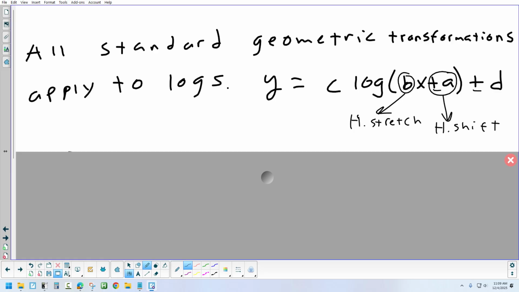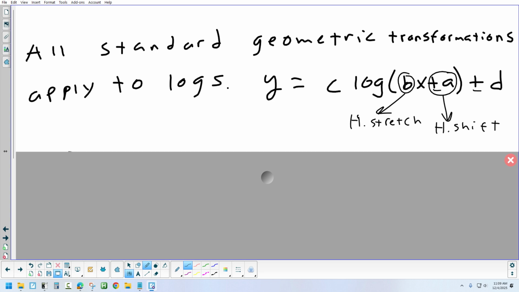Okay, so B is a horizontal stretch. What if B was 3? How would you describe that? B stretches by a factor of 1/3. It's horizontal stretch by 1/3. So the bigger you make B, the more squished it actually gets.